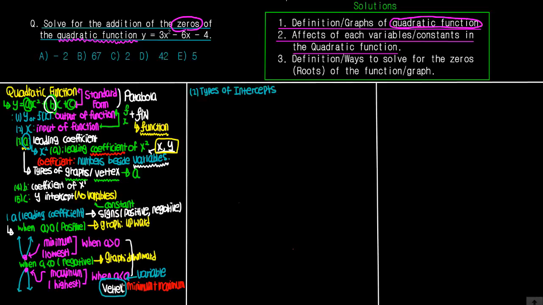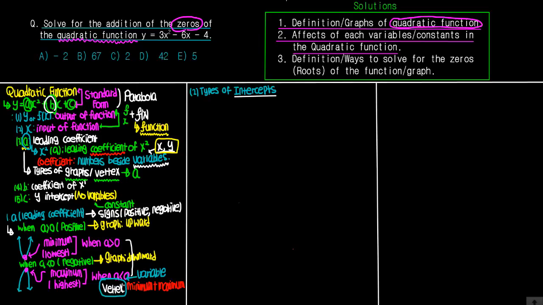So the second thing that we're going to talk about, which is the most important thing when it comes to solving this kind of question, will be the types of intercepts. Before we solve for this, we need to think about what the intercept is. Well, the definition of the intercept means there is a specific point on our axis.